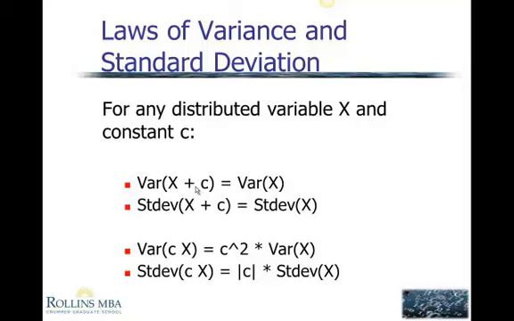So my variance and standard deviation don't change. But if I'm multiplying the constant times x, then my variance is going to change by a product of my constant squared, because remember the variance has those squared terms in it. My standard deviation, however, is just going to be my constant times my original standard deviation.